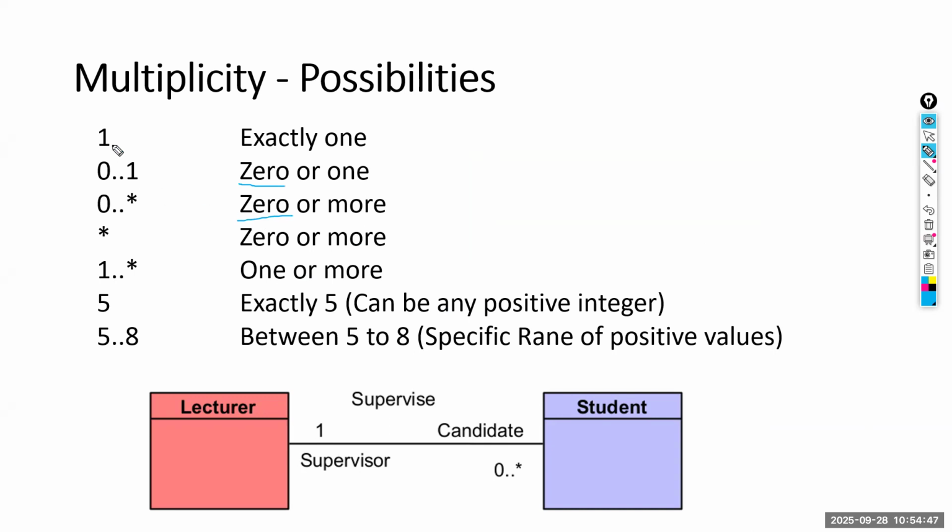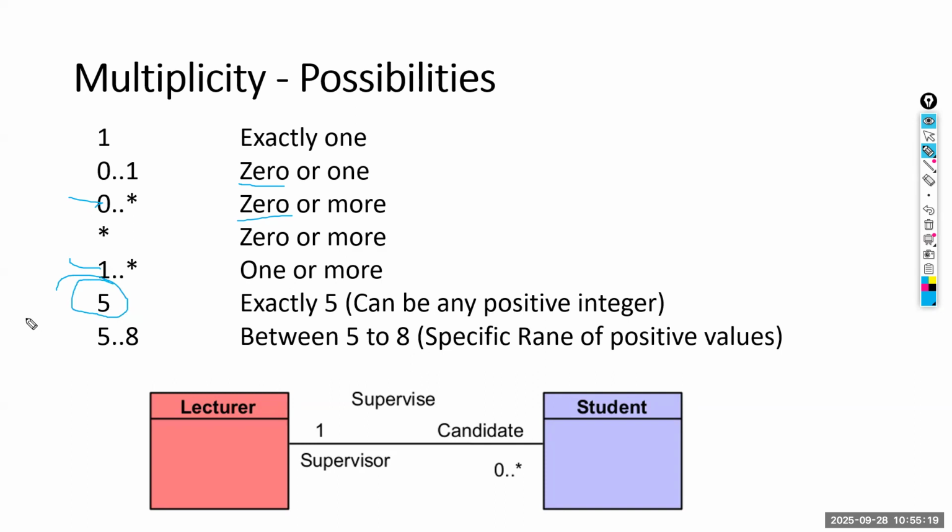So it's one, or zero or one. Many, or zero or many. Many means zero is not possible. One and no more. But this means zero or one and no more. So these are two different things.